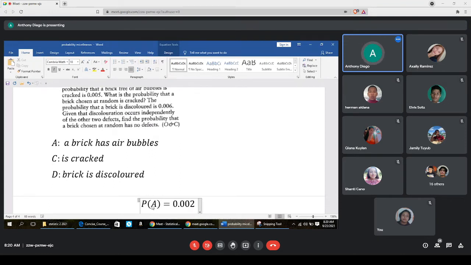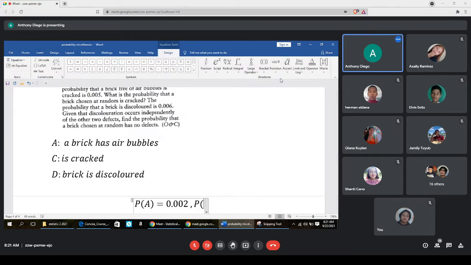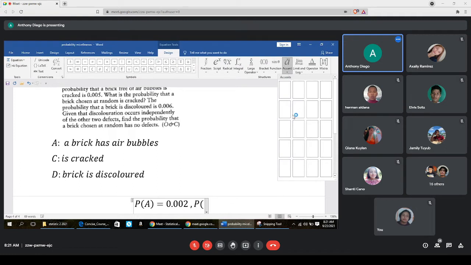So which means then the probability of a brick that does not have air bubbles, all this we could put in right away because we're going to be needing them.